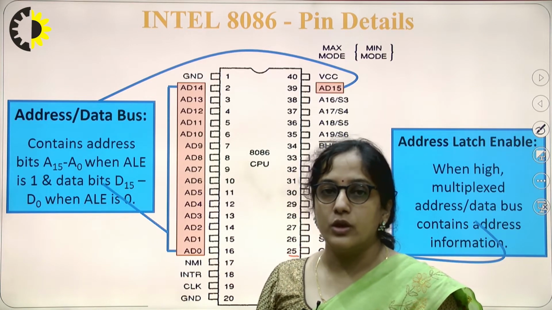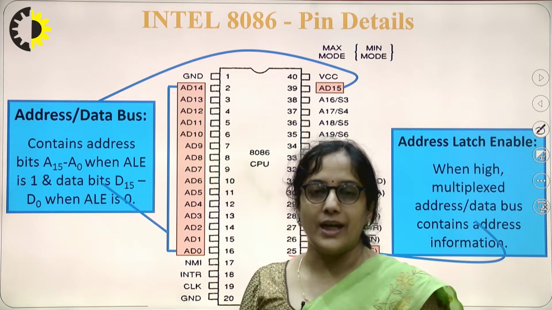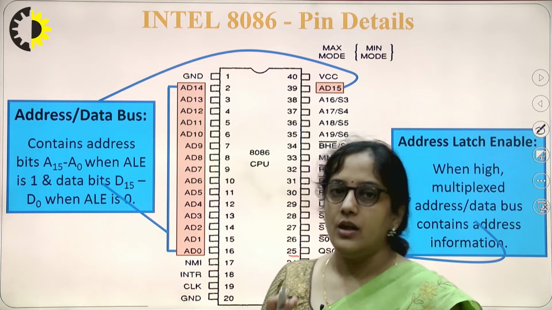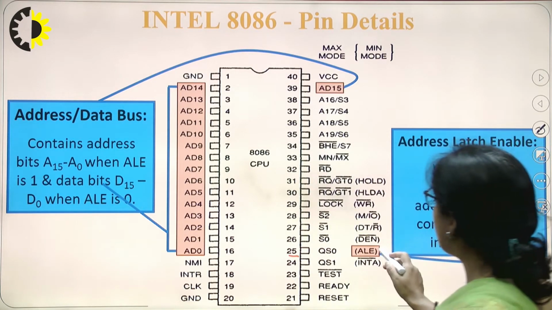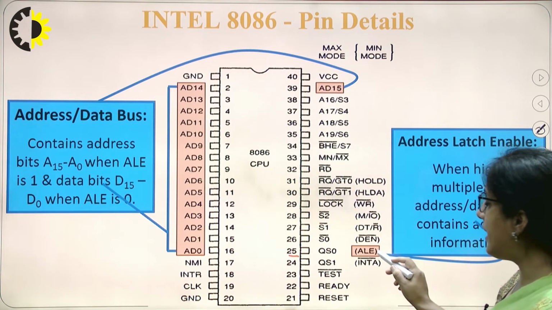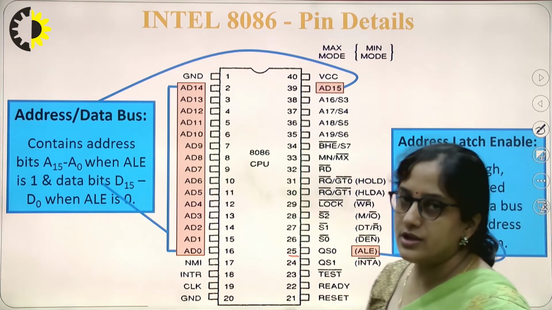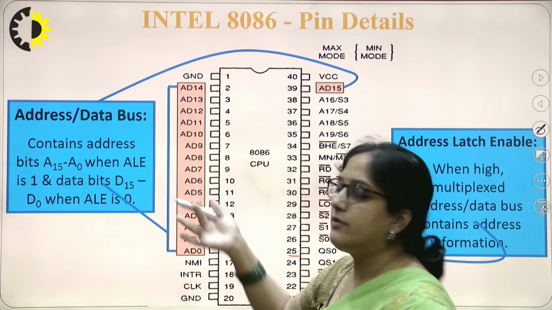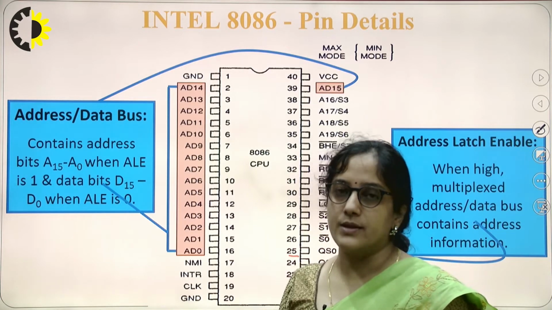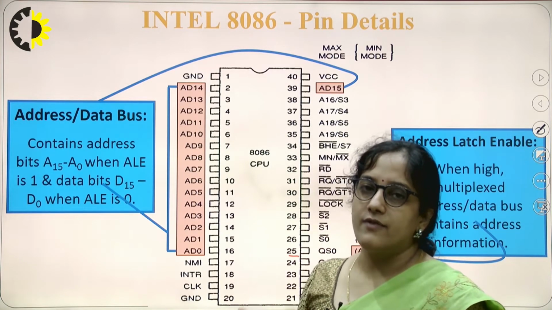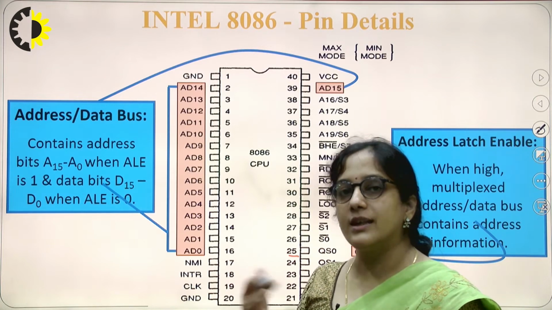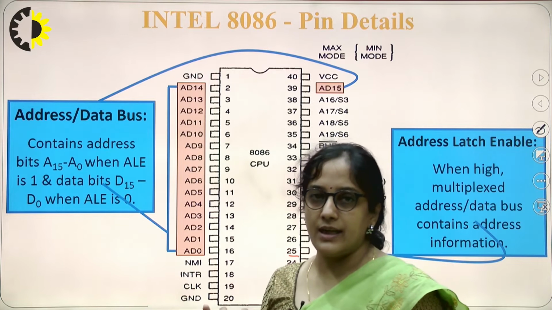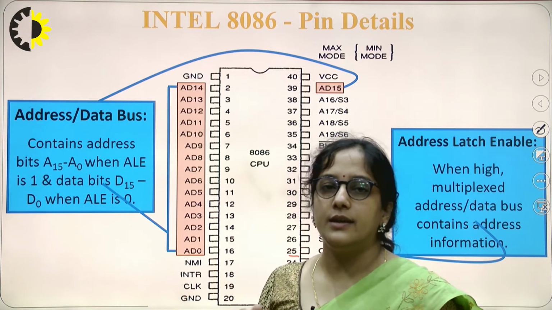How is it going to latch? A latch is a hardware device, and to activate this latch we use the ALE signal. We make ALE high in the first clock cycle, and the microprocessor puts the address on the address bus. The latch device then latches this address for further communication, and the data lines are freed to carry the data.